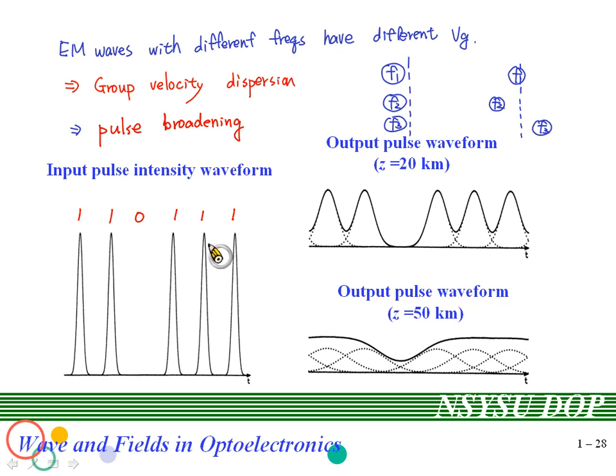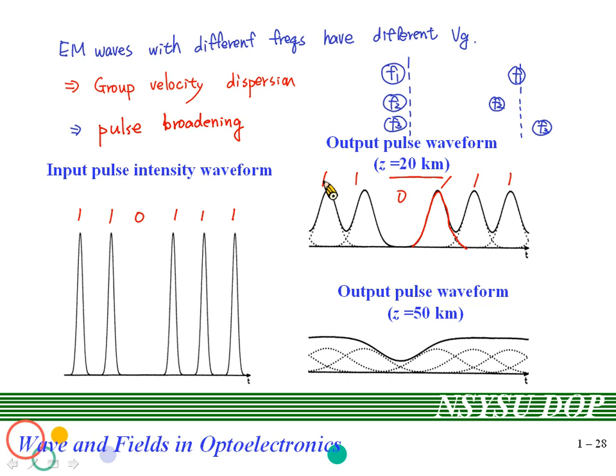After these pulses propagate about 20 kilometers, due to the group velocity dispersion, each pulse will broaden like this, and you can still tell the signal by the pulses. They could be 1, 1, 1, 0, 1, 1, right?